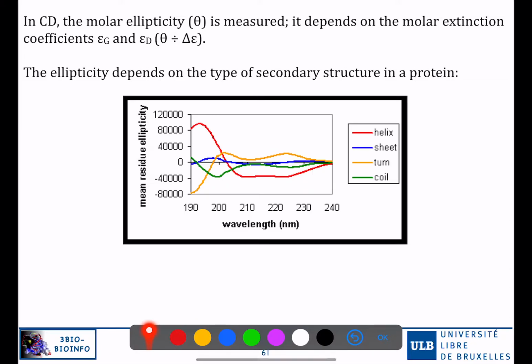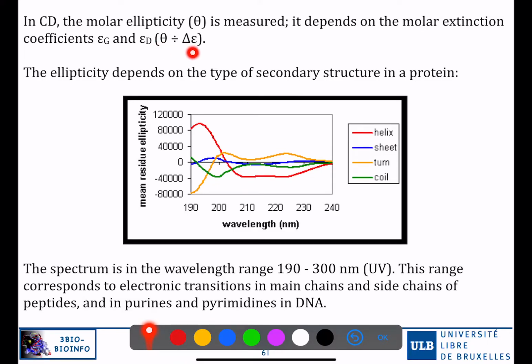And so what you measure is called the molar ellipticity, and the molar ellipticity is proportional to the difference in molar extinction coefficient shown on the previous slides.